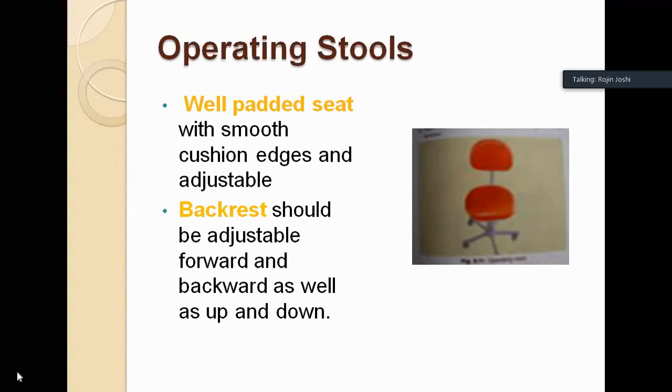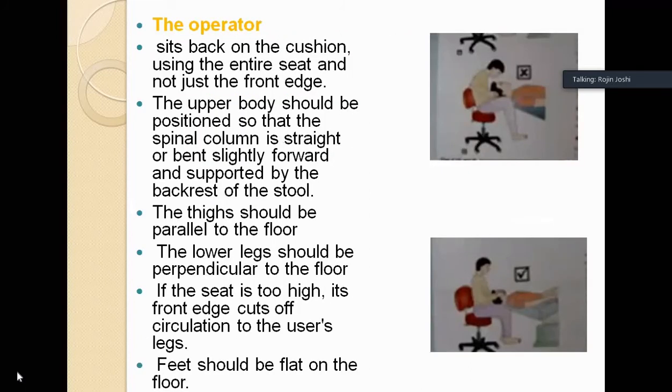Now look at the operator position. Just look at the first picture. See, the operator is stooping. Can you see? The back is curving like this. And it looks like the patient is resting on the operator's lap. You should not work like that. Your back should always be straight.